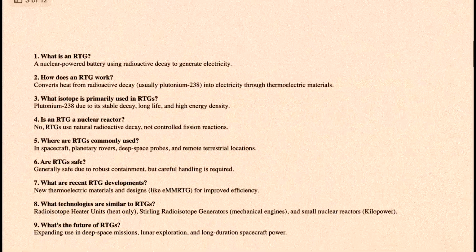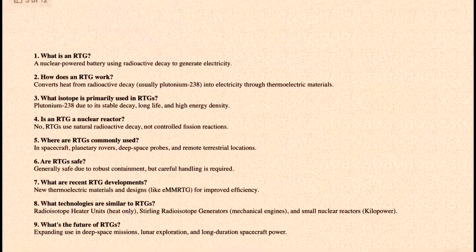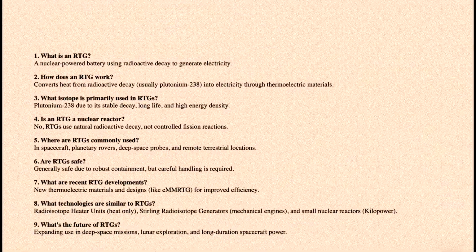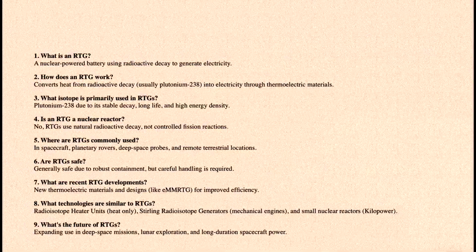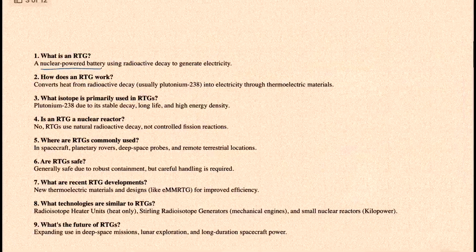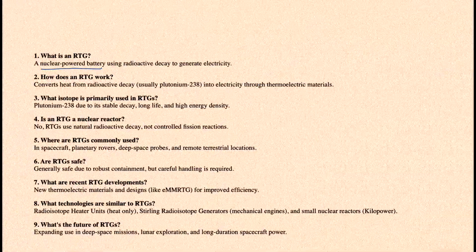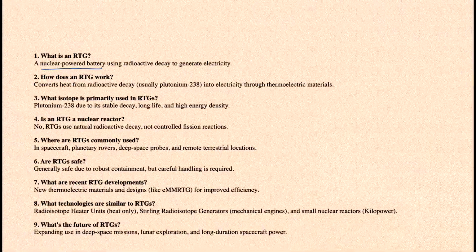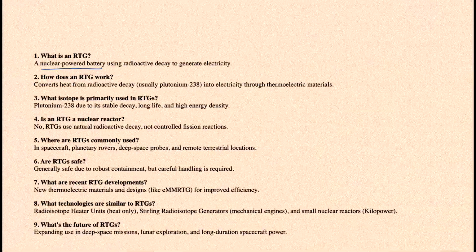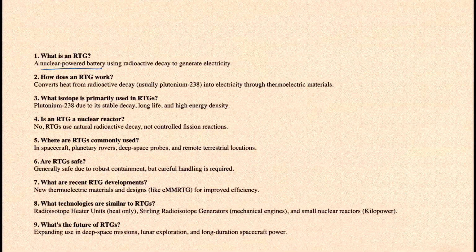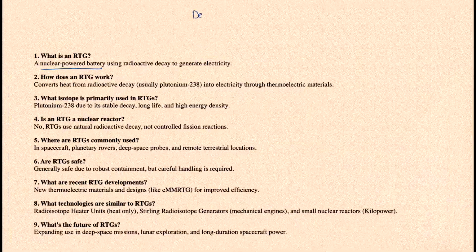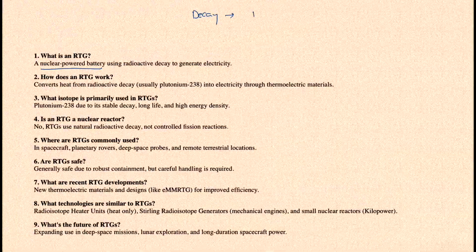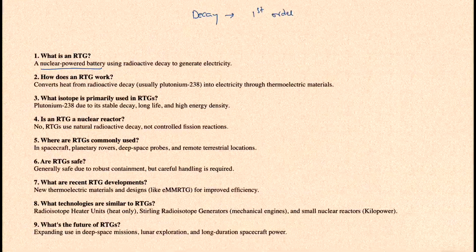The first question: what is an RTG? Basically, a radioisotope thermoelectric generator is a type of nuclear powered battery that generates electricity through natural radioactive decay. We know that all radioactive material undergoes decay in first order kinetics.